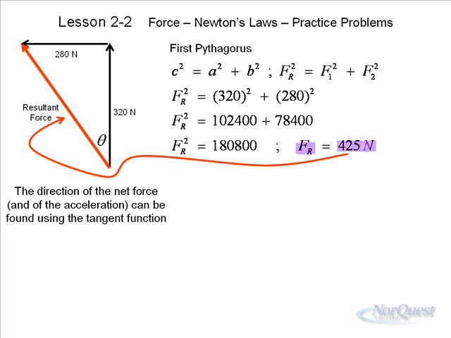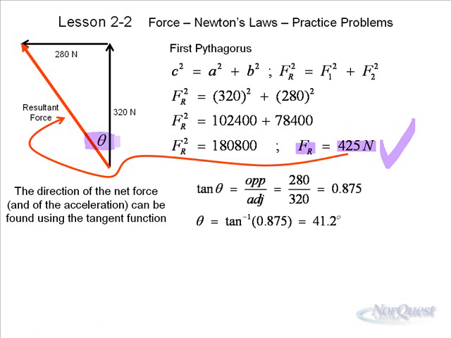When you're asked for the force acting on an object, you not only have to give the magnitude, but you also need to give the direction, unless they say otherwise, all right? Unless they give you information that would say, don't worry about the direction. Now, to find the direction, you need to use the sine, cosine, or tan. In this case, we could use the tan because we have opposite over adjacent.